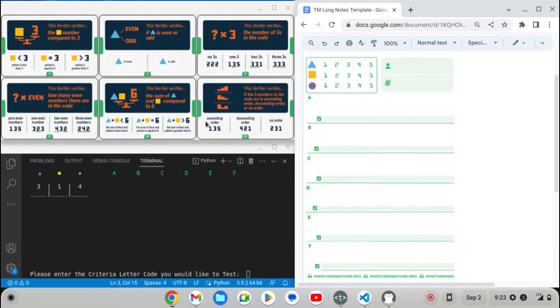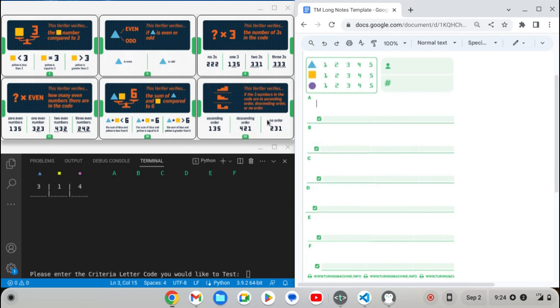So should the values in the solution be in an ascending order, meaning that they're increasing, as in the example 135, or could they be in a descending order, where they are decreasing, as in the example 421, or could they have no order?